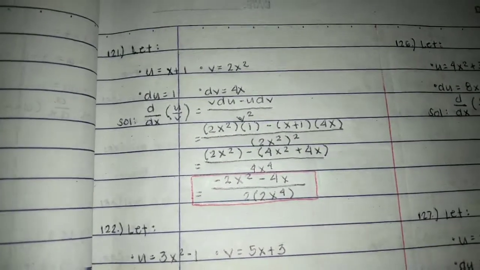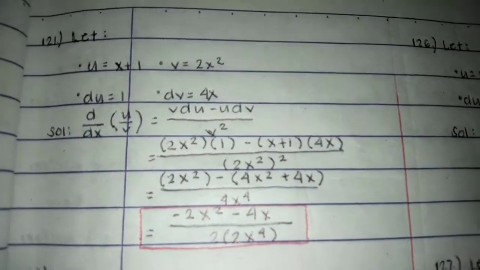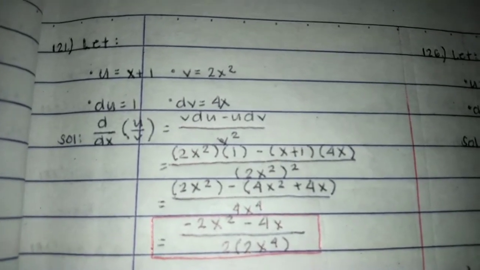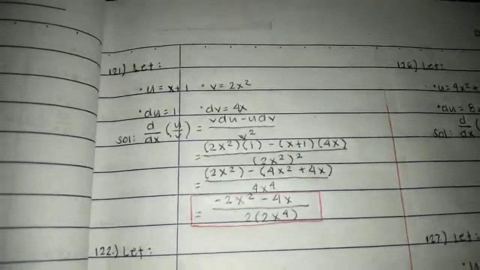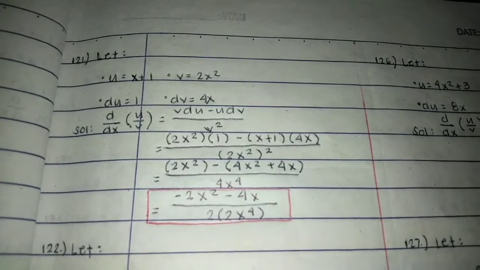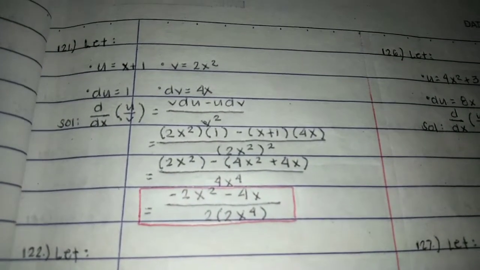So the next lesson that I'll be tackling is the quotient rule about derivative. In this example, find the derivative of x plus 1 over 2x squared. Before answering this problem, let us first know the formula in the quotient rule.